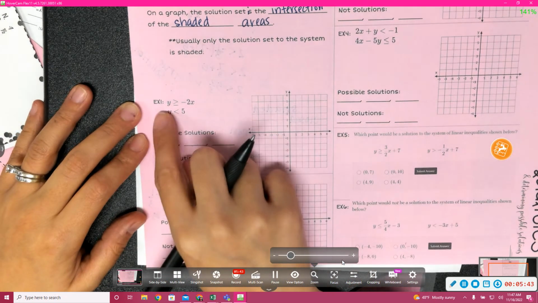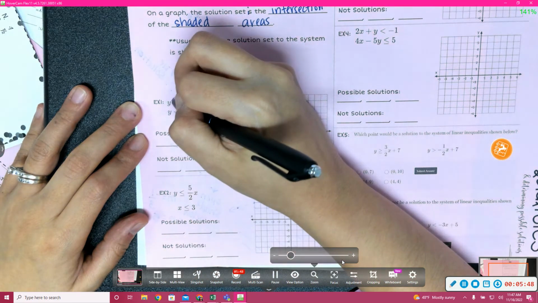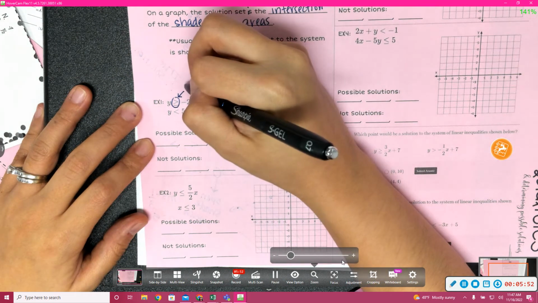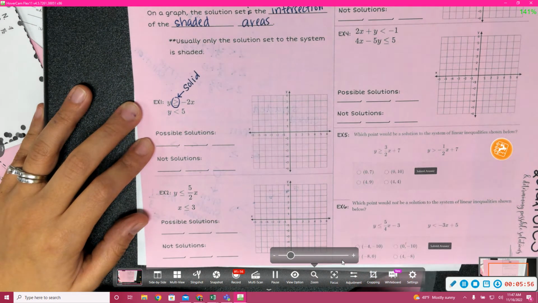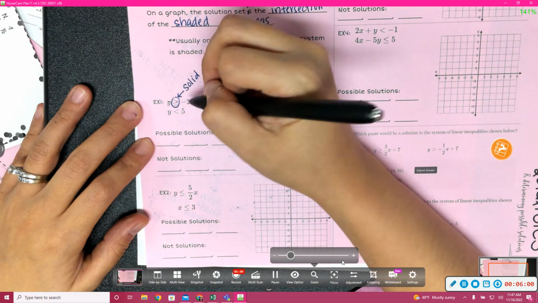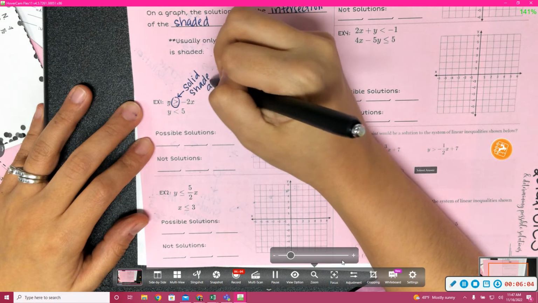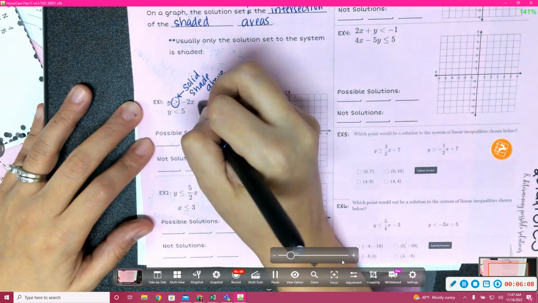Example 1, y is greater than or equal to negative 2x. So first off, right off the bat, my sign, it's going to be a solid or closed line. And because it is y is greater than x, we are going to shade above. Next, my slope is negative 2.